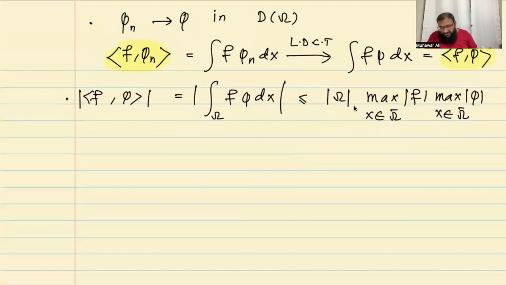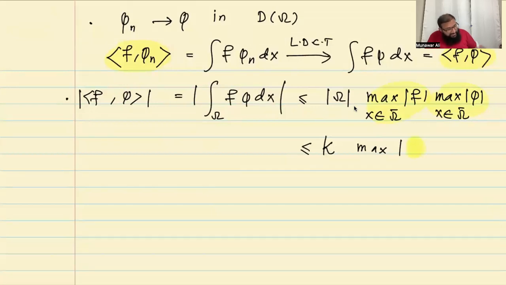And you know very well that, since phi is C infinity on some compact set, the maximum should be a fixed number, and I'm going to call that number a constant. And I'm going to use the maximum of f, not the maximum of phi, since f is continuous. So I can talk about this.